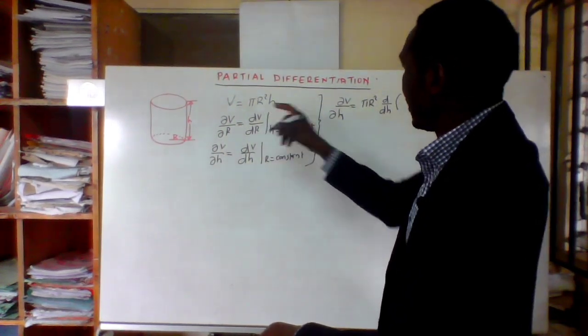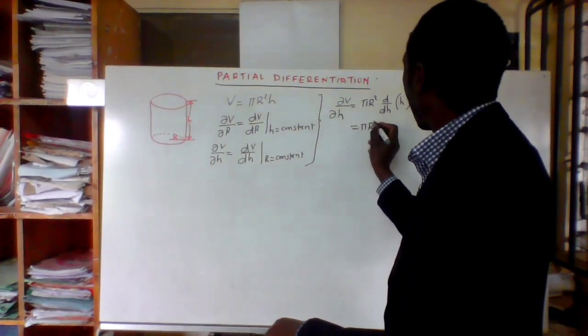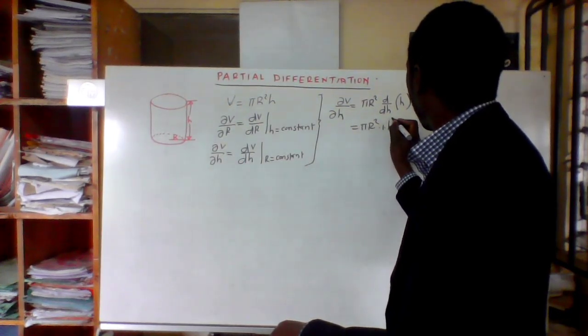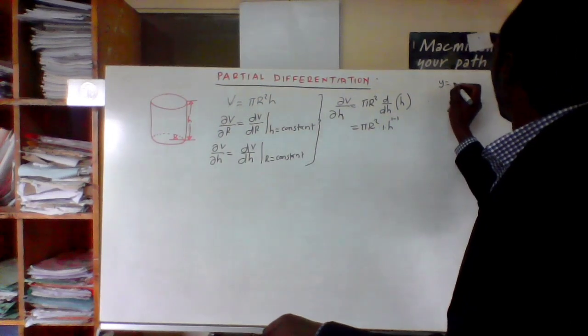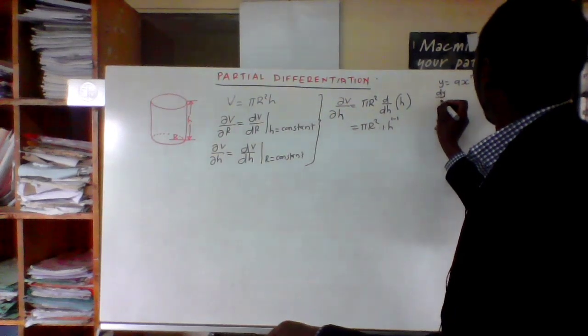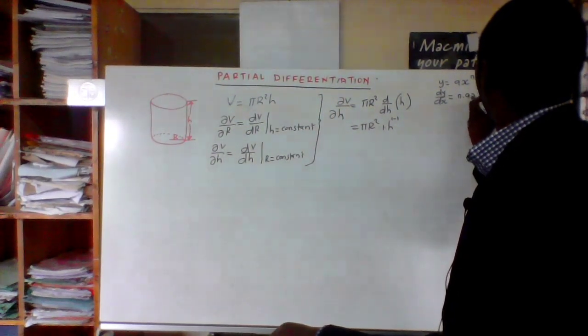The only variable in this case is h, so that we have pi r squared times h to the power 1, and we apply the rule that if y is equal to a x power n, then dy over dx is equal to n times a x power n minus 1.